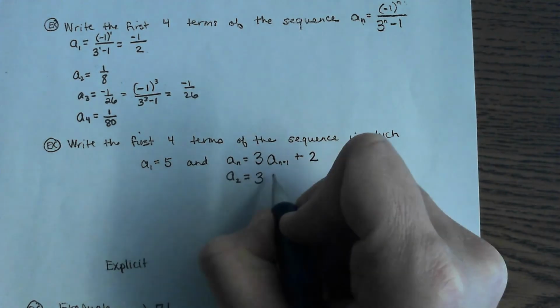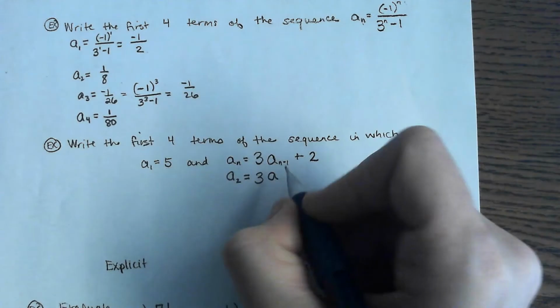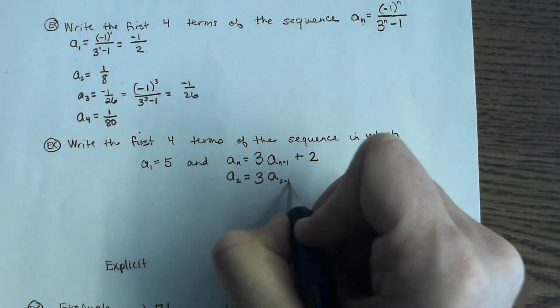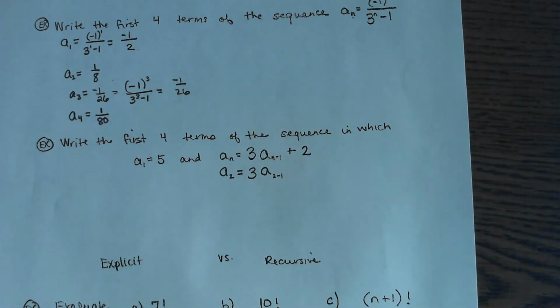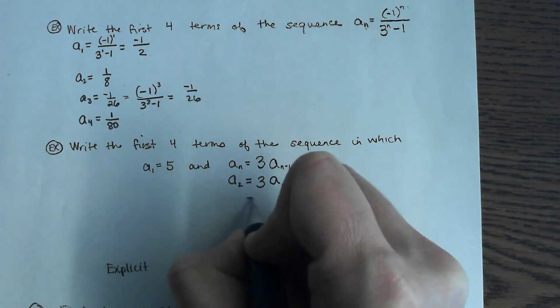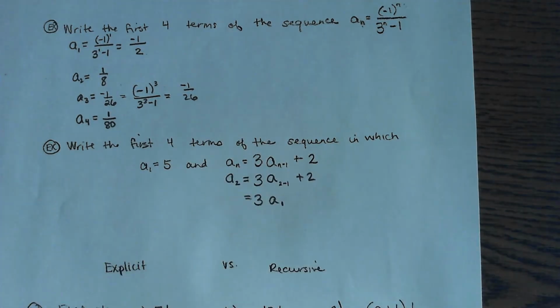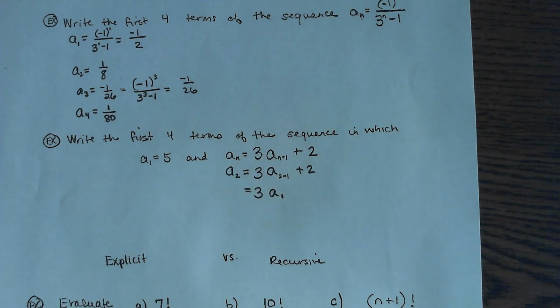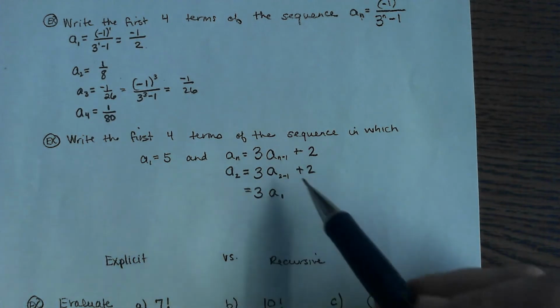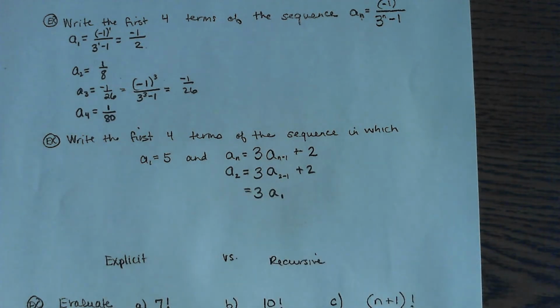So that would be 3, and then A sub, the entire subscript is 2 minus 1. So that subscript will reduce to 2 minus 1, which is 1, A sub 1, which is really just going to call on the first term, right?